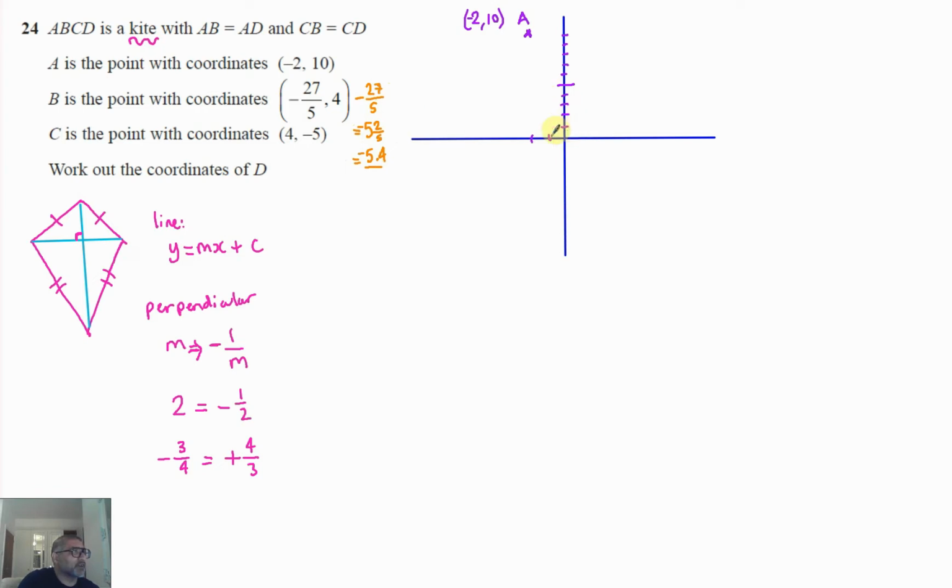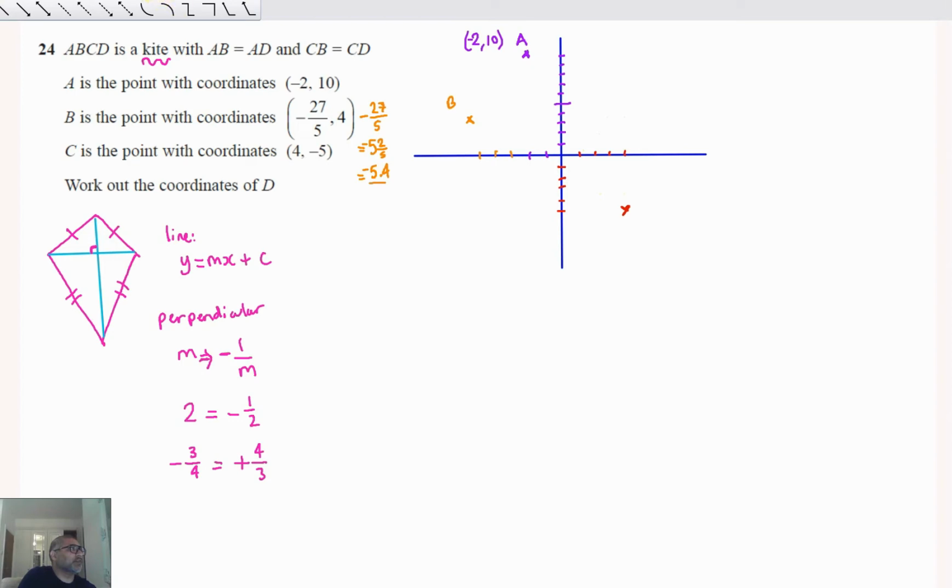It's just so when I'm plotting it, so minus 5.4, minus 1, 2, 3, 4, 5.4, so it's somewhere around there, and it goes up 4. So point B will be somewhere like that. Point C is the coordinates 4, minus 5, so 1, 2, 3, 4, and then 1, 2, 3, 4, 5, minus 5 will look like that.